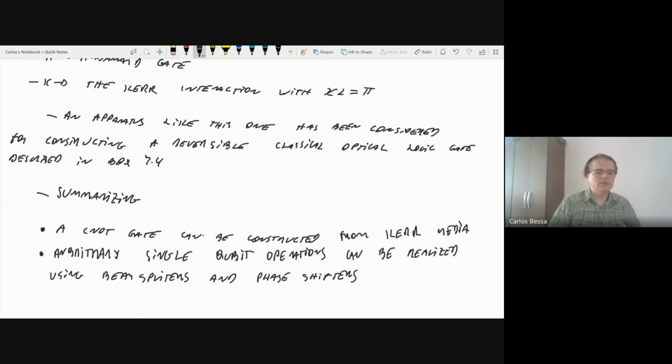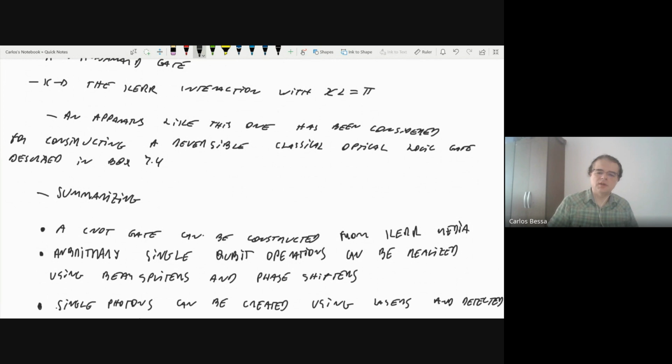So at least in theory, single photons can be created using lasers and detected, like my input, right?